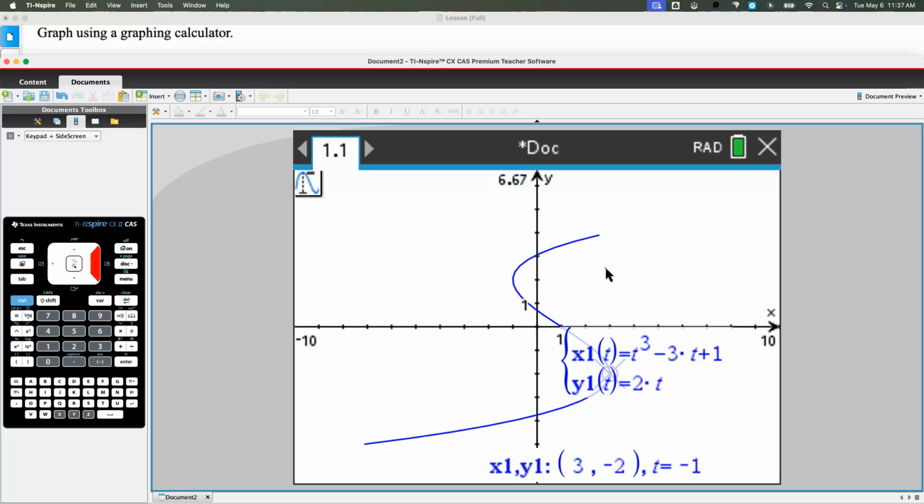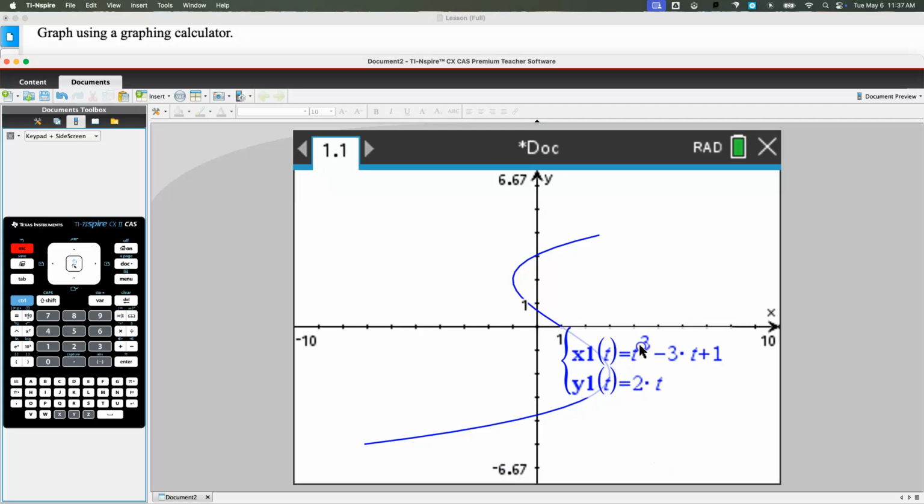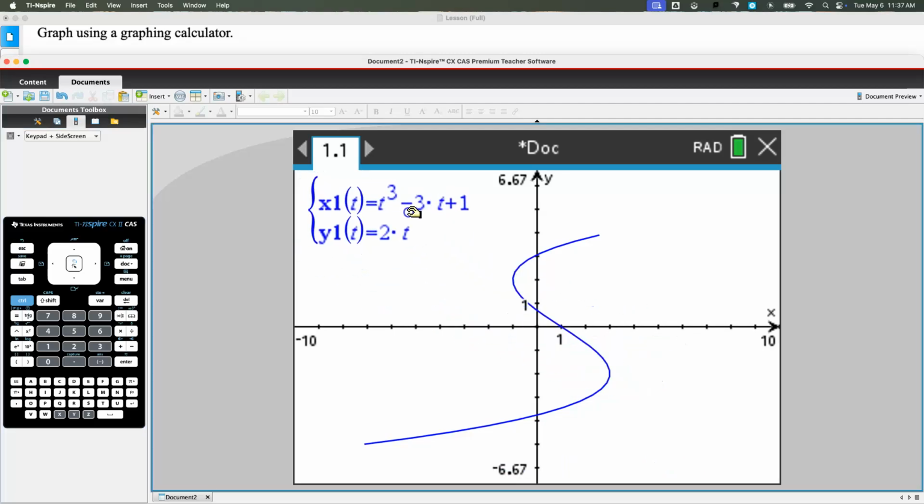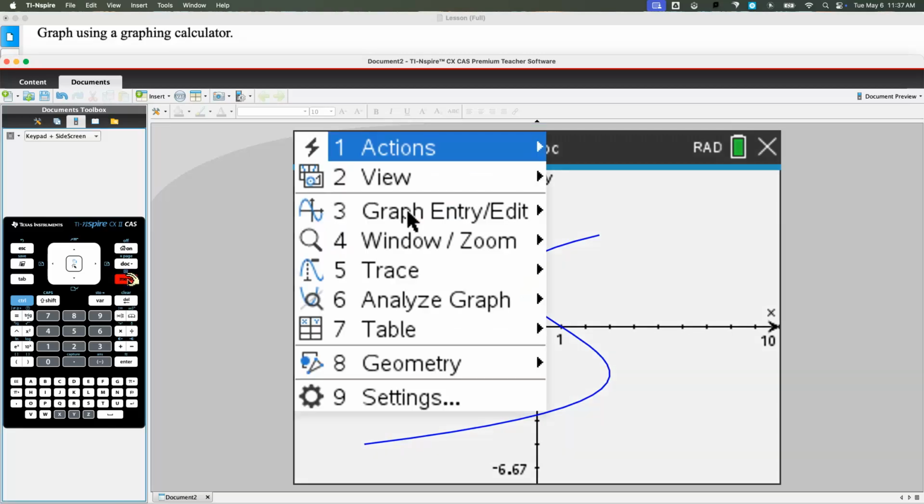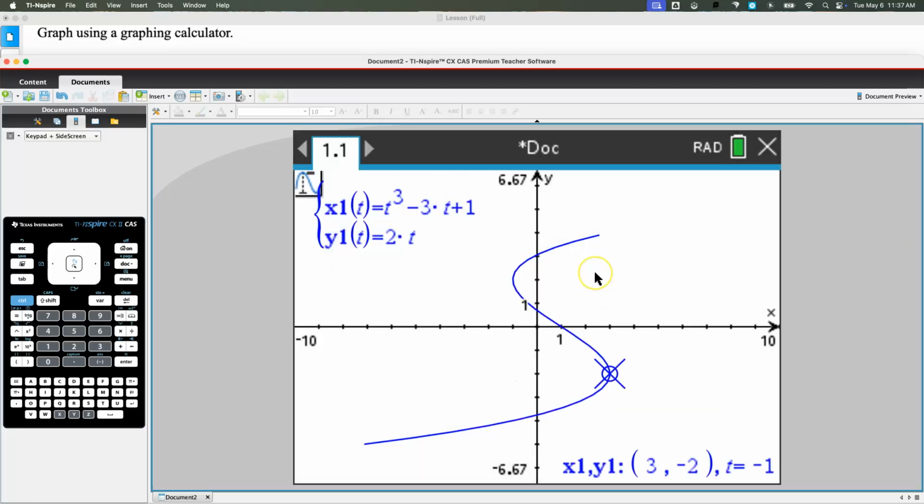At a t value of 1, hold on, let me get this out of the way. Oh, because I'm tracing, I should say. At a t value of negative 1, I'm at the point 3, comma, negative 2.